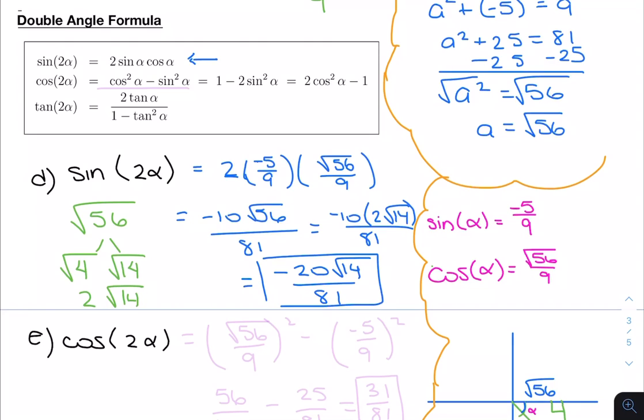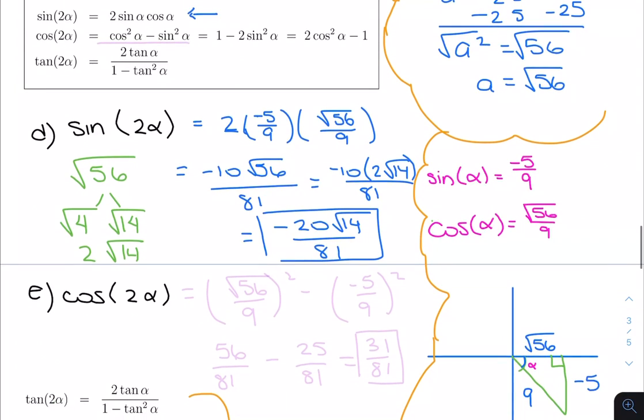For cosine, we actually have 3 different formulas that we can use. But I'm going to do it with this first formula, just because it seems a little easier. So we know that we can plug everything in. Cosine, as we said, was the square root of 56 over 9, so that's going to be squared, minus sine. Sine was negative 5 over 9 squared. That was just from the formula.